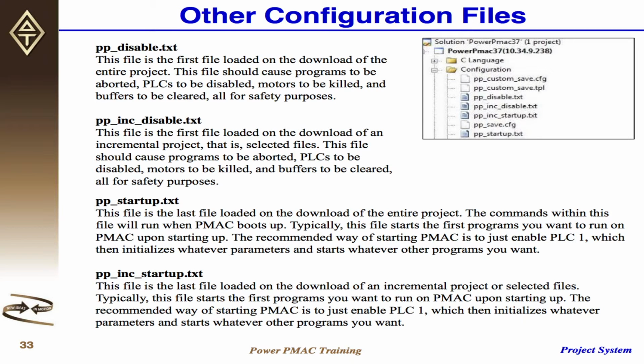It's the last thing that is done in transferring all of Power PMAC's files from the flash into active memory. Once that is all done and everything's been transferred over, then ppstartup is executed, which for many people will have something like enable PLC 1 to start your first PLC.